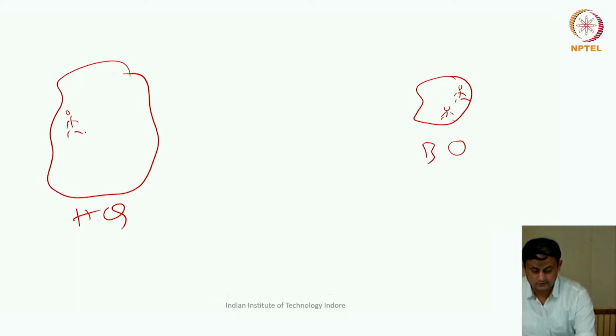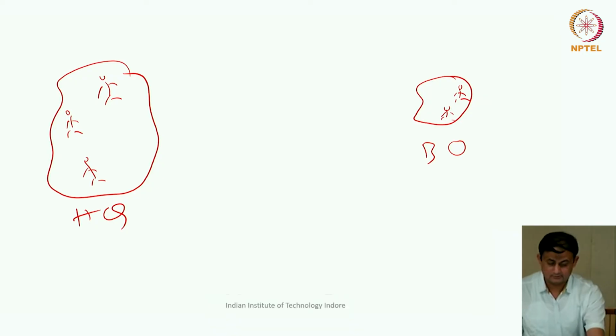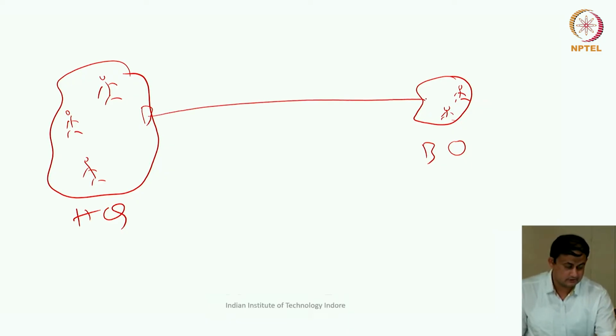Users mean computers or servers, whatever it is. For the sake of simplicity, you can assume some people are sitting with a computer. And what I want is, there is one intranet application. That application needs to be accessed by some people sitting inside this branch office also.